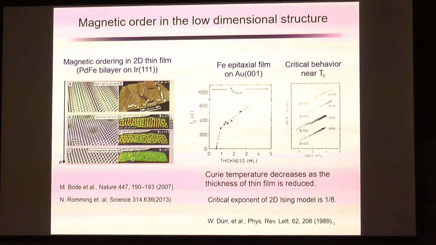And normally in these iron films, they find critical behavior near the TC that is also very interesting. They find beta is equal to 0.2, which is larger than in the 2D Ising model. That means not only the nearest-neighbor interaction is important, but also the long-range interaction.